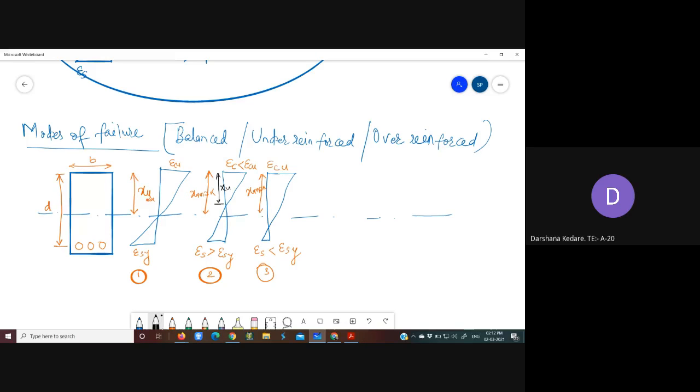Second is under reinforced, and third one is over reinforced. Okay, fine. So this is balanced, this is under reinforced, and the third one is over reinforced.